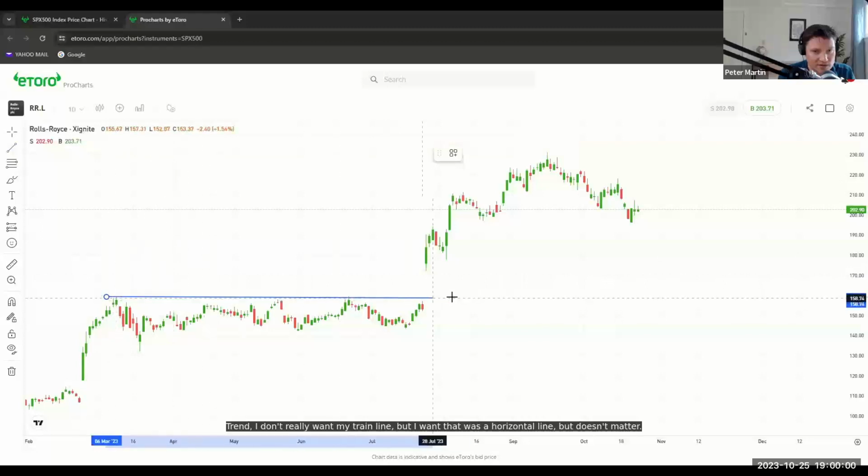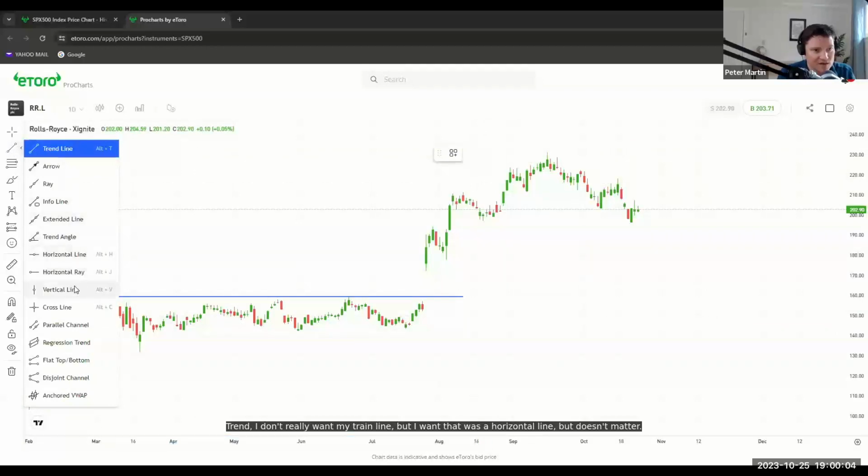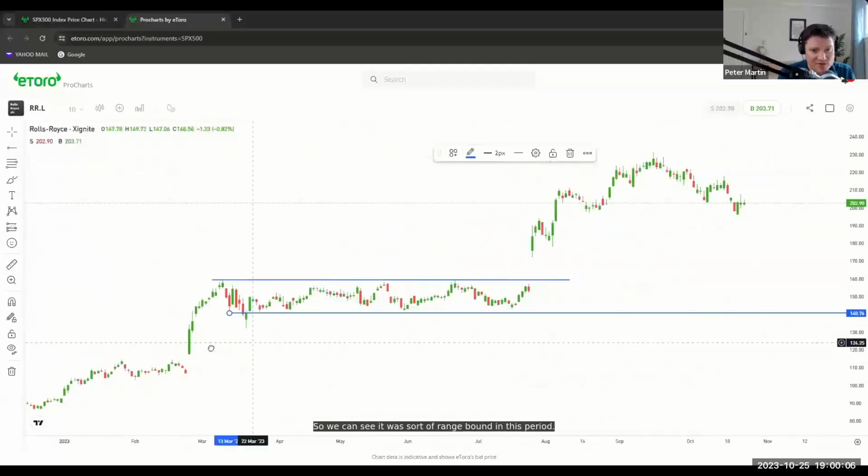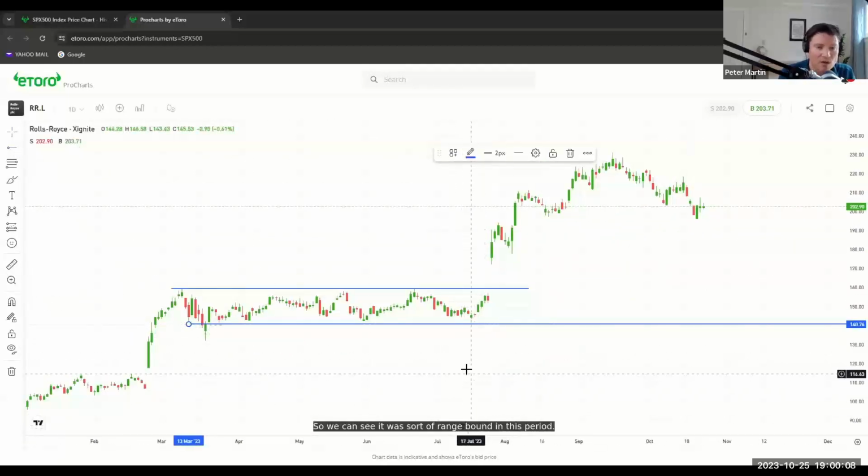I don't really want a trend line. What I wanted was a horizontal line, but it doesn't matter. So we can see it was range bound in this period here, and then it's clearly broken above.